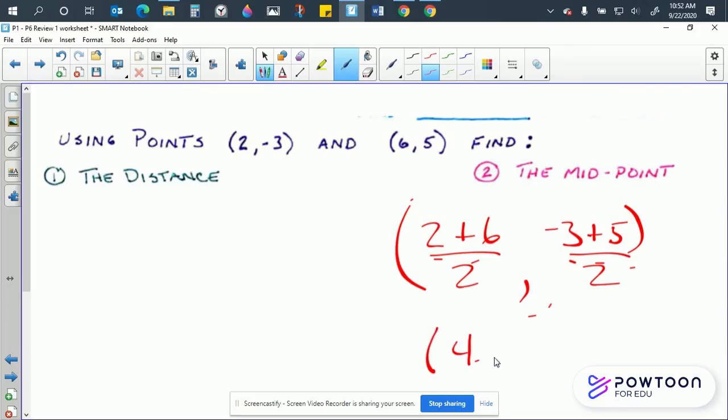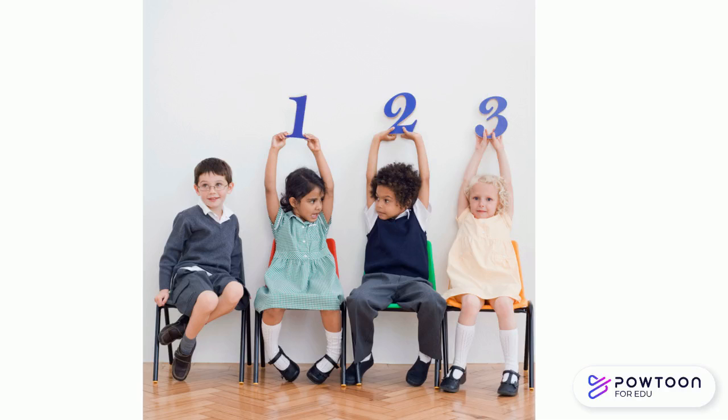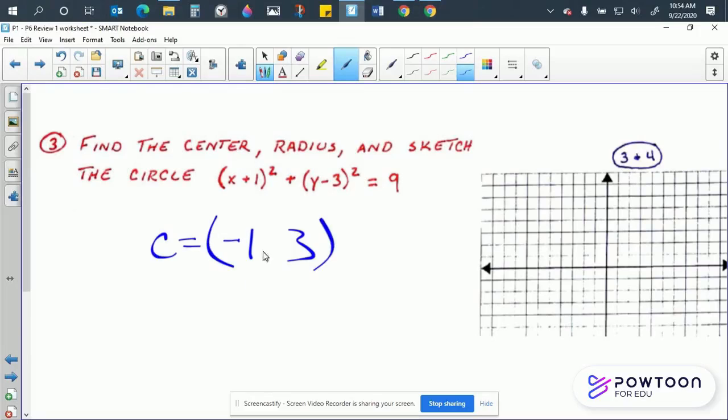And we have 4, 1, 3, and the radius is equal to the square root of 9, which is 3. So the center of my circle is at negative 1, 3, and the radius is 3. There we go.